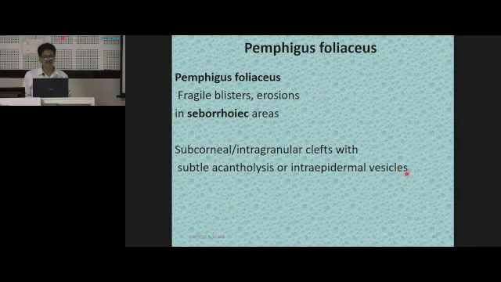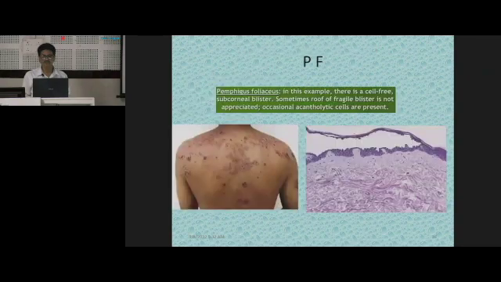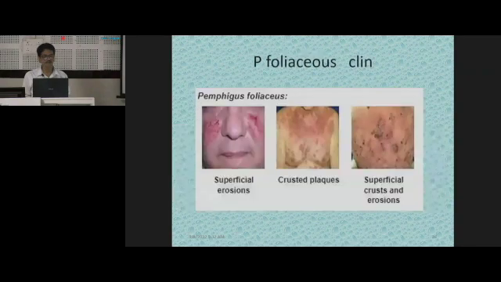The acantholysis in this case is very subtle. This is the pemphigus foliaceus clinical. You can see the superficial erosions, the crusted plaques, and the superficial crusts and erosions. It is very unlikely to find an intact bulla in this case.